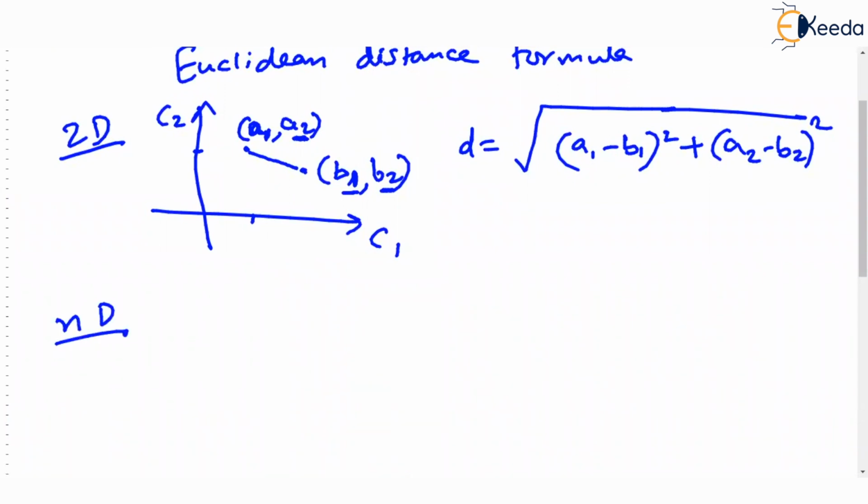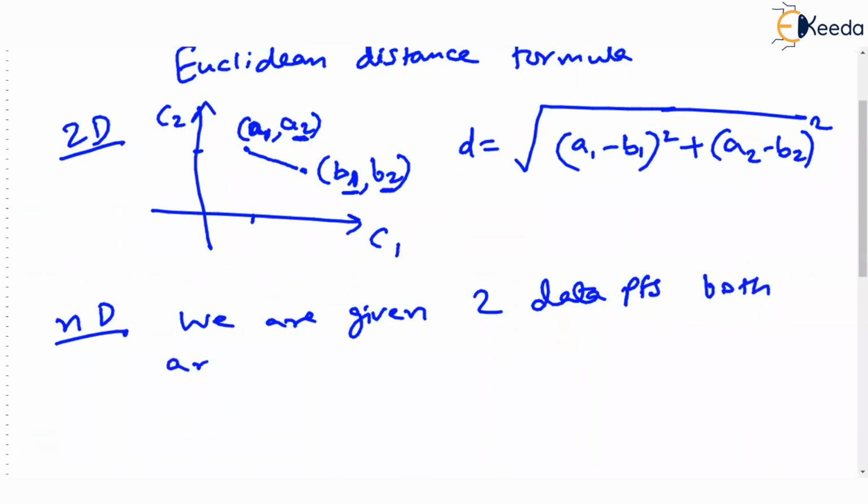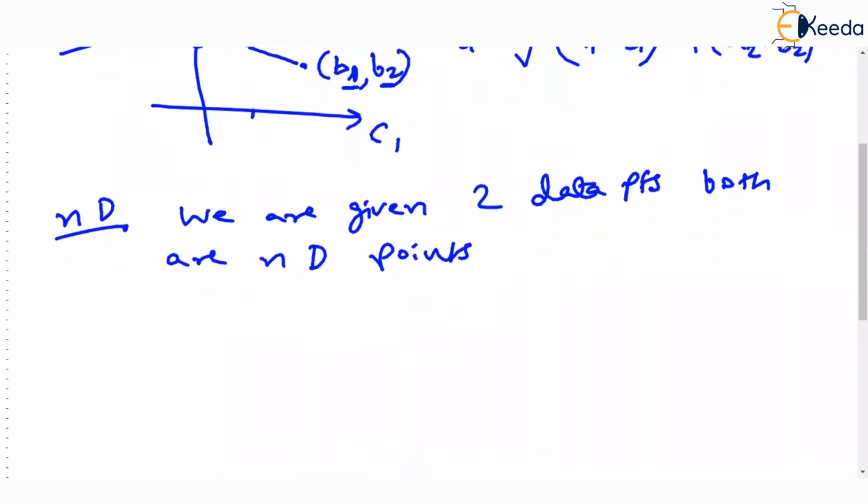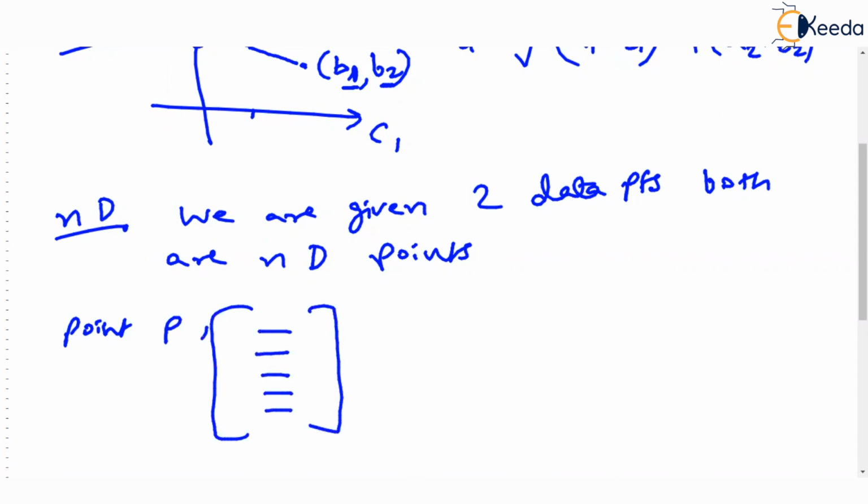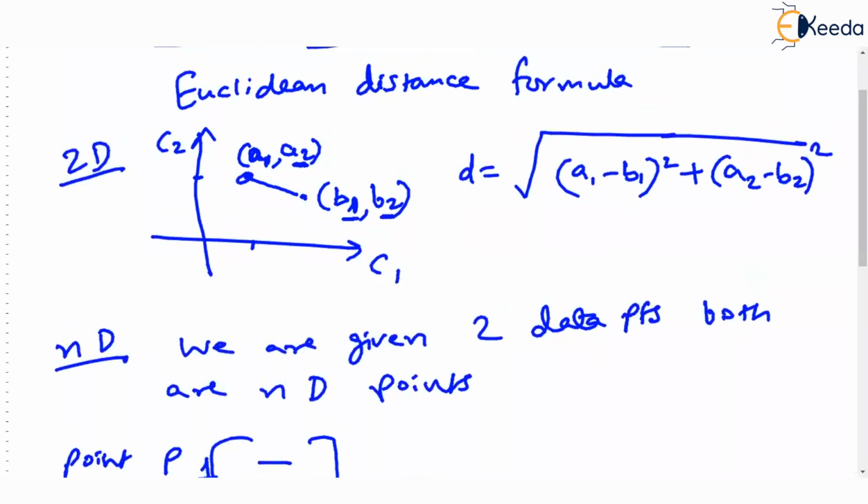Let's say we are given 2 data points. Both are n dimensional points. So imagine we are given a point P, and P looks like this. This is the first value, second value, third value. This is the dth value. Please try to understand, this point which I am marking is nothing but A1, A2, a 2-dimensional point.